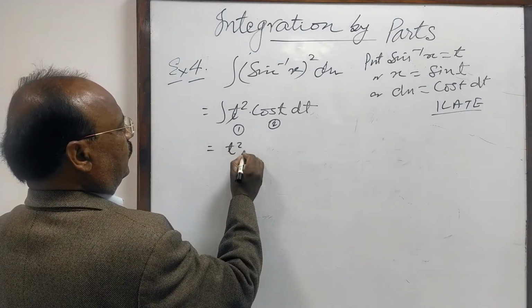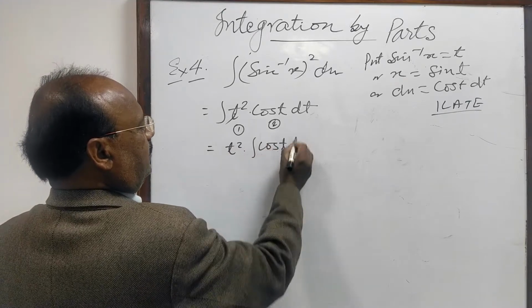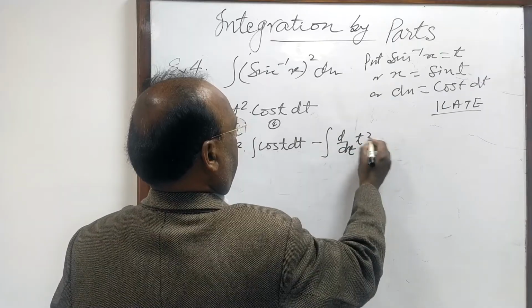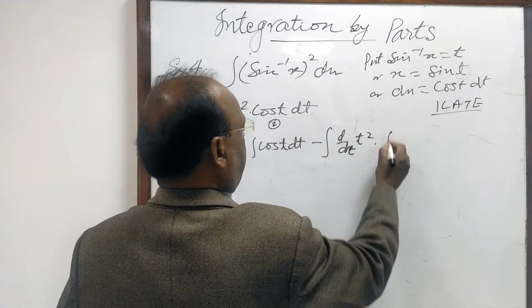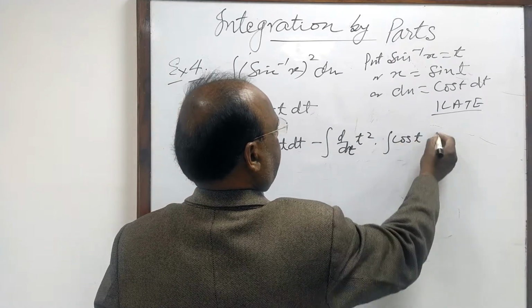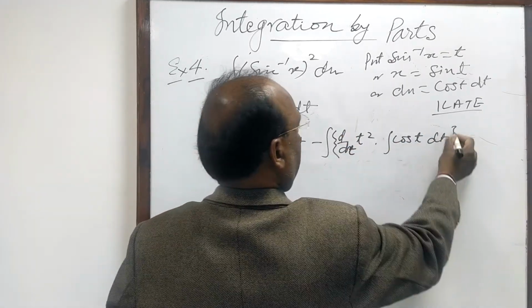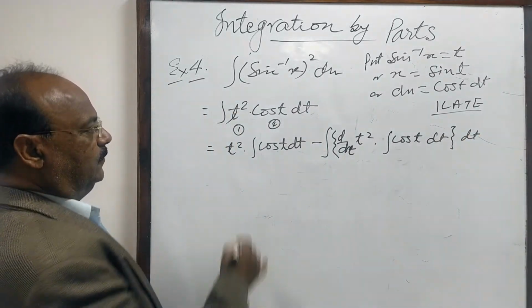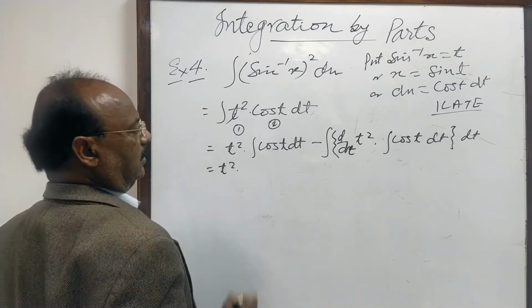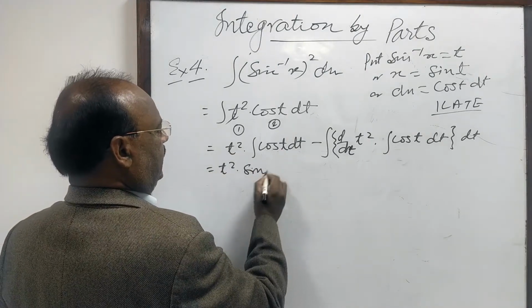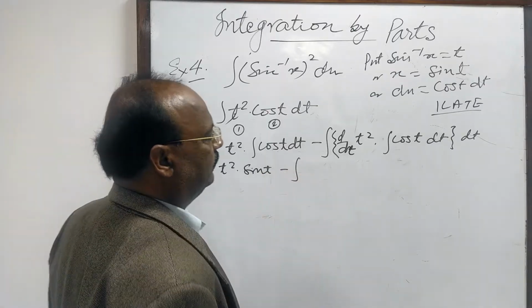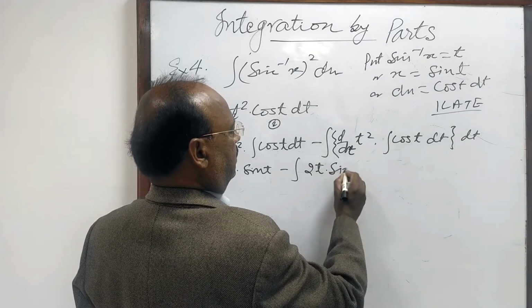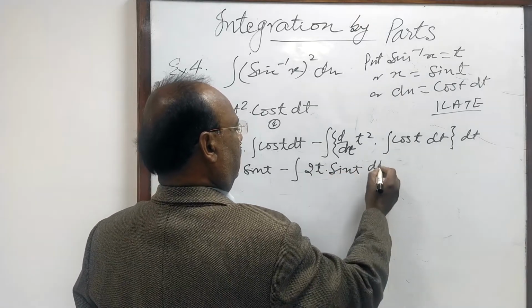First function, integral of second function, minus integral of derivative of t square into integral of second function dt, and this whole dt. Correct? Now evaluate it. This is t square, this integral is sine of t, minus integral of this derivative, which is 2t, and this integral is sine of t dt.